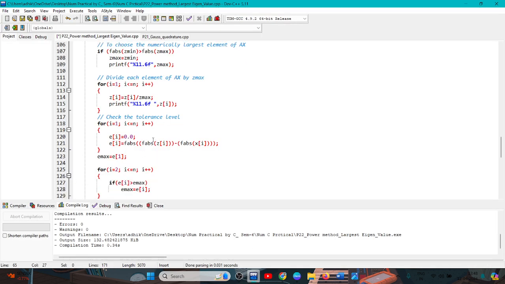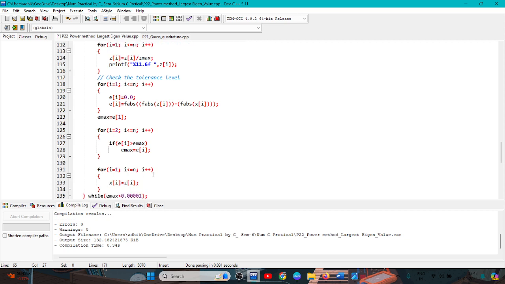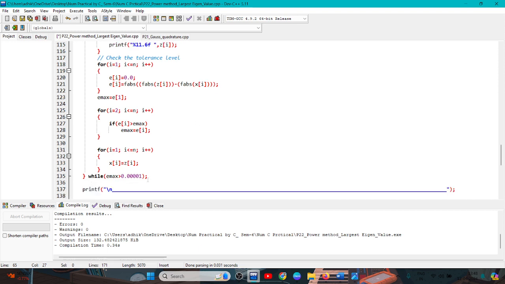So the absolute value of this ei, now say e max equal to e1. Now for i equal to 2, i less than or equal to n, i plus plus, if E2 is greater than Emax, then Emax equal to E2. So we check this for each element ei, the difference of the absolute of zi minus the absolute of xi, and find the maximum. If this Emax is greater than the tolerance level, say 0.00001, we again enter the do loop.